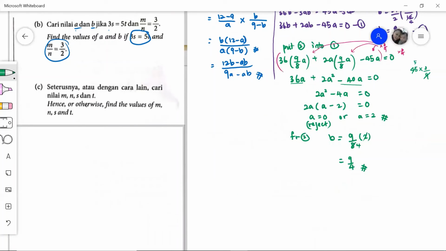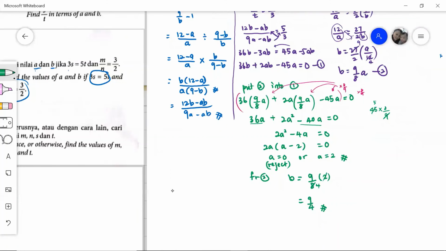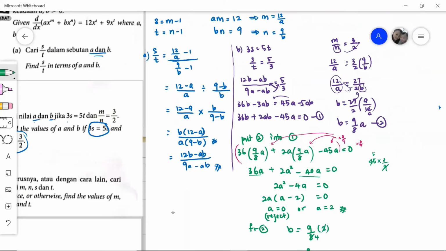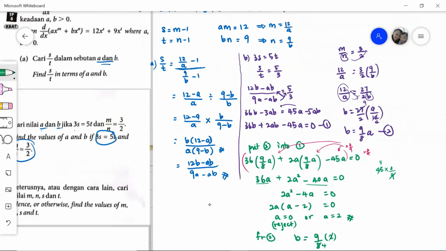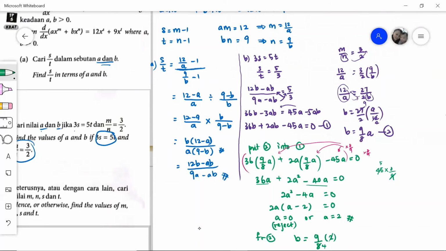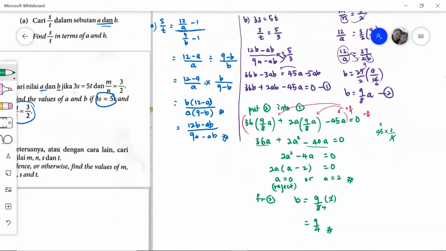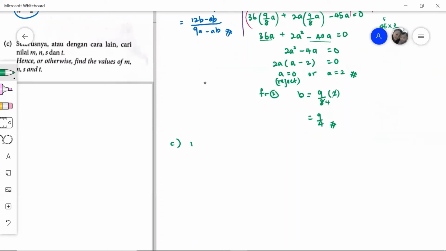Hence or otherwise, we have to find the value of m, n, s, and t. So most likely we continue with what we have found up there. Since we have found a and b, now we can find m and n. For part c, m equals to 12 over a. Since we already found a, let's just replace that.